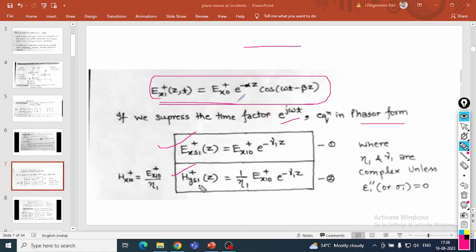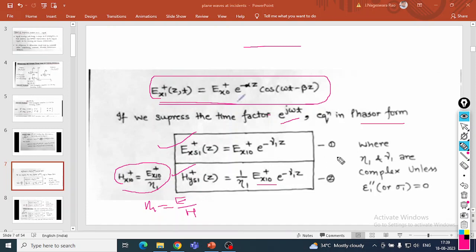But how can you represent the magnetic signal in terms of E only? We have the relation: intrinsic impedance eta equals E upon H. So in terms of E, we can represent H like this: 1 by eta 1 into Ex1 naught plus into e to the power of minus gamma 1 into z.